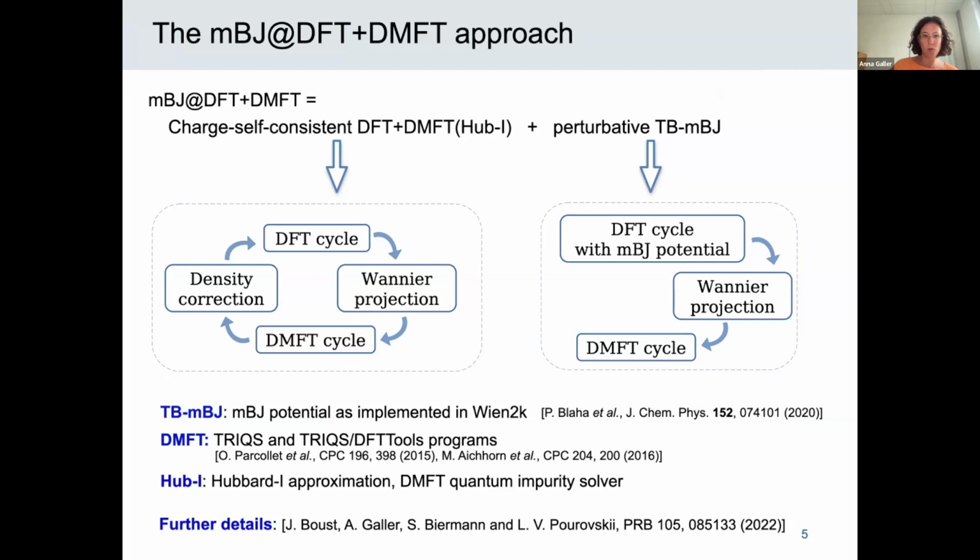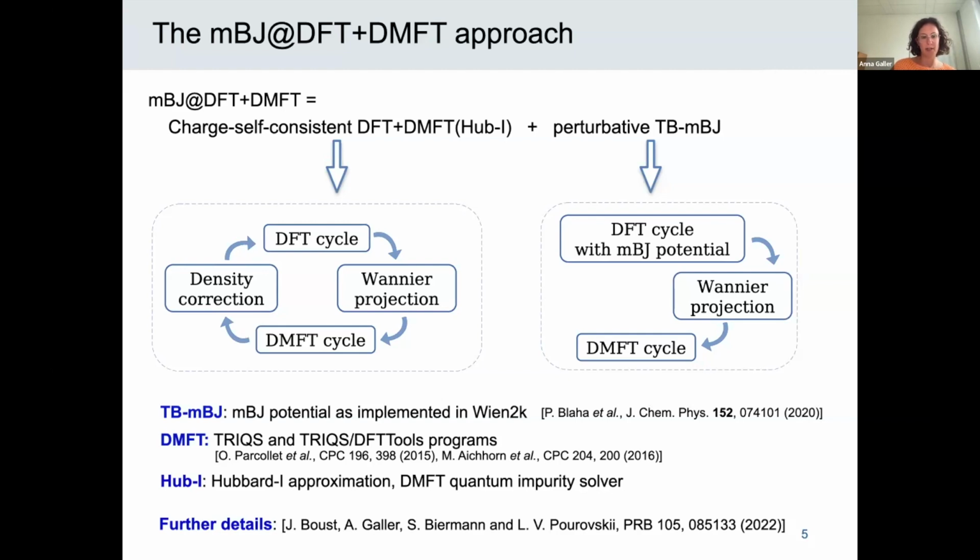So what I do first, that's what you can see on the left, is a charge self-consistent DFT plus DMFT computation. And here I use the LDA in DFT with the Wien2k program. And for the Wannier projection and the DMFT cycle, I use the TRIQS and the TRIQS/DFTTools programs.